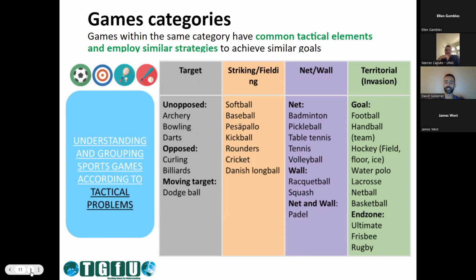We will see examples of them, and we will see different problems, and hopefully you will understand why they are grouped, and that one of the main goals of this classification is to allow transfer.